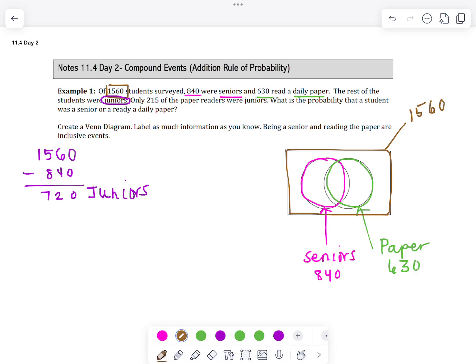Then it says only 215 of the paper readers were juniors. So where that's going to go in the Venn diagram is out here. Those are the paper readers, but they are not going to be in the seniors.